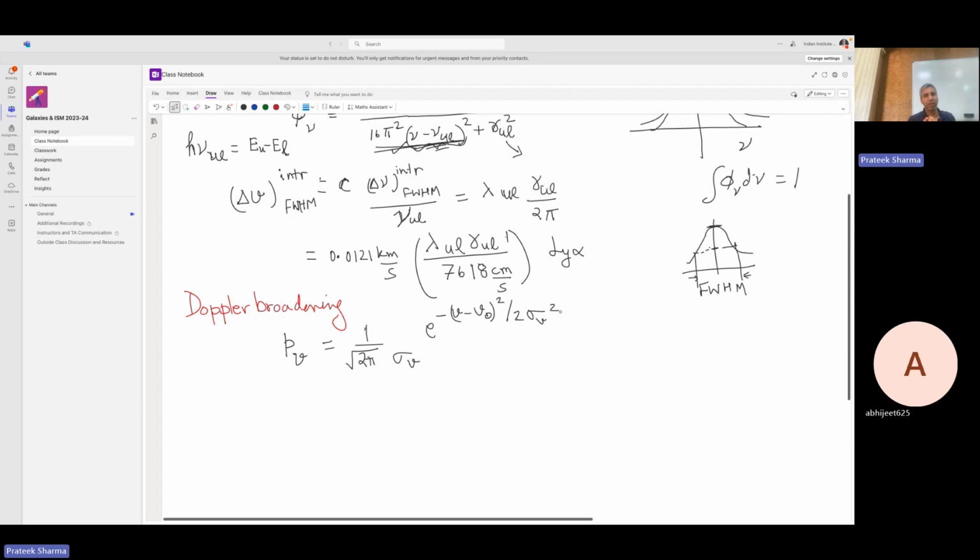So v equals v naught corresponds to the bulk velocity, and there is a spread around this bulk velocity due to, say, temperature. The molecules have some temperature, so on top of this bulk velocity, they have thermal spread. That is quantified by this sigma v.